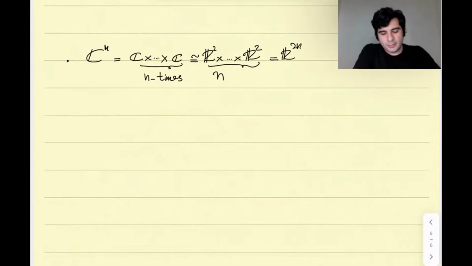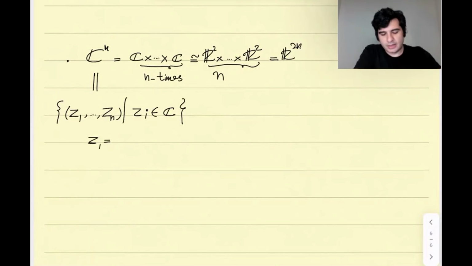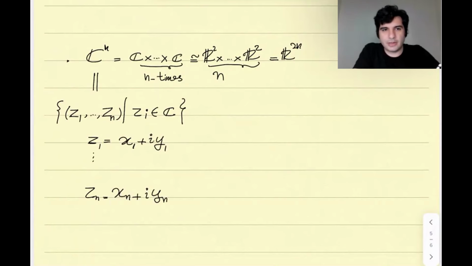So C^n is, by definition, the set of numbers of the form (Z1, Z2, up to Zn), where each Zi is a complex number. Z1 is a complex number, so I can write it as some real number x1 plus i times another real number y1. Up to Zn, which can be written as a real number xn plus i times another real number yn.